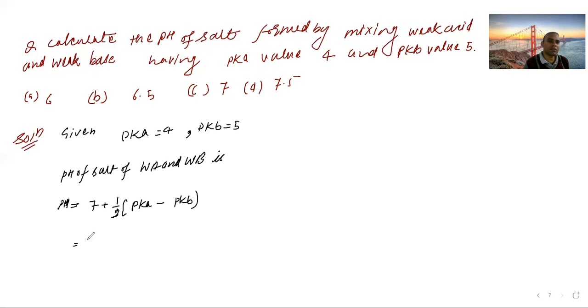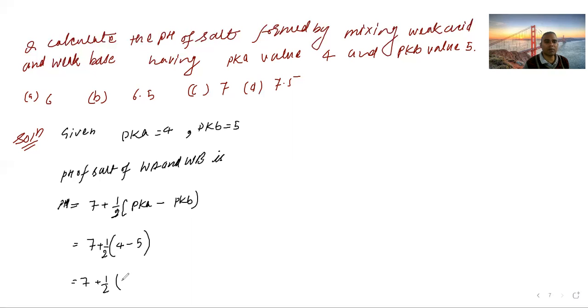Putting the values, 7 plus 1 by 2 (4 minus 5).